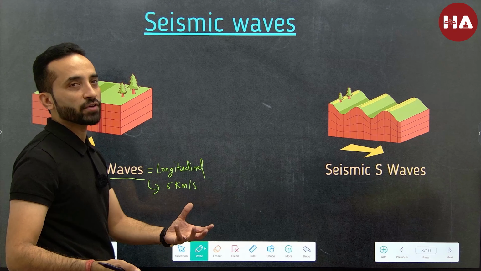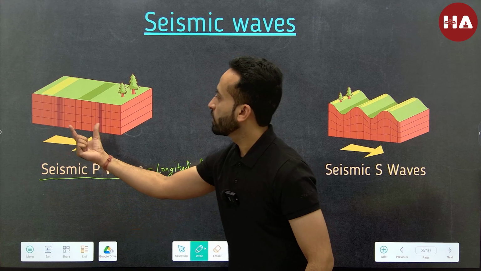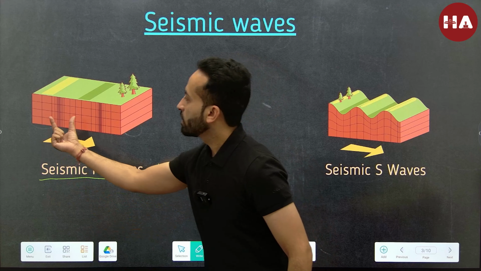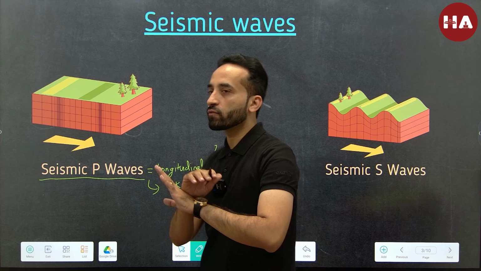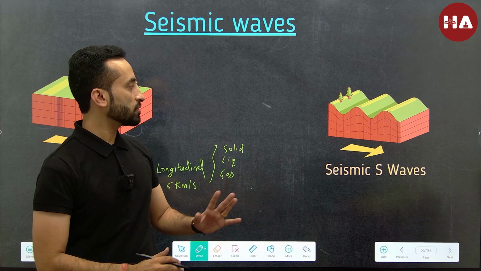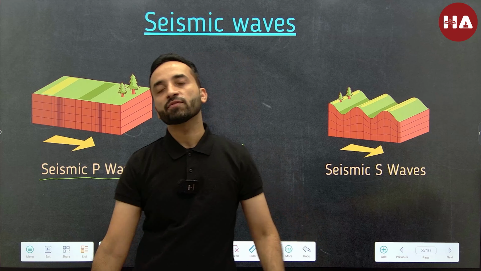That is for the P wave. So that is going in the form of rarefactions and compressions, as you may see. Okay, and this can travel through all medium: solid, liquid, and gas. This can move through all kinds of medium.